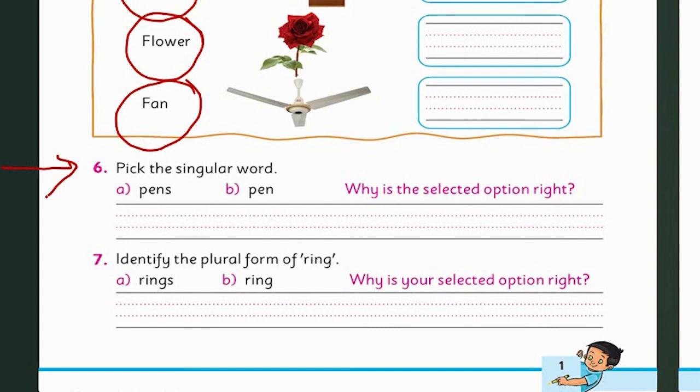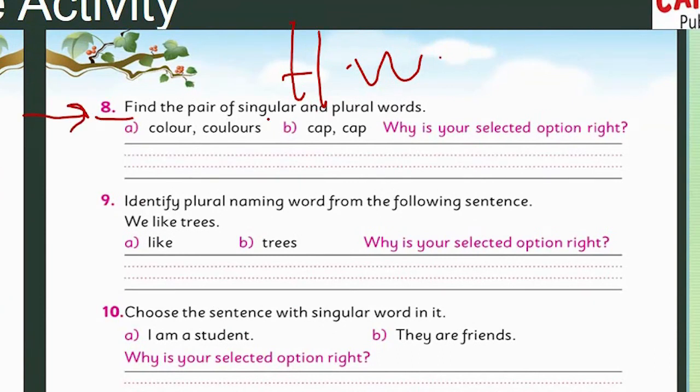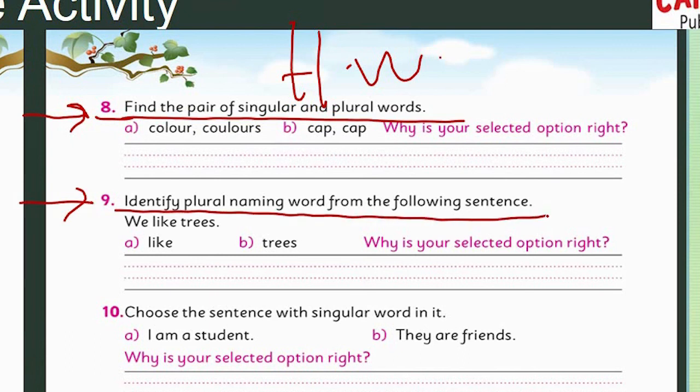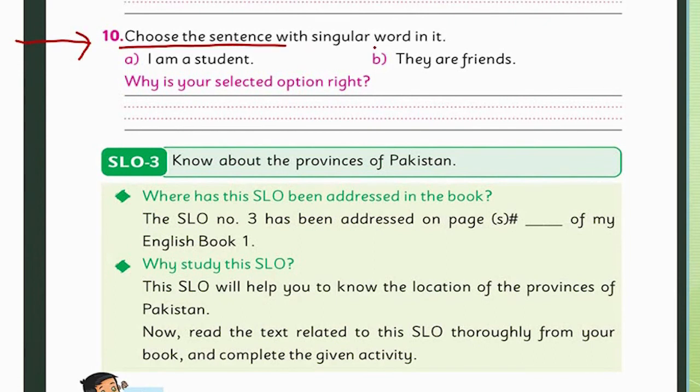Pick the singular word. Identify the plural form of ring. Find the pair of singular and plural words. Identify plural meaning words from the following sentence. Choose the sentence with singular word in it.